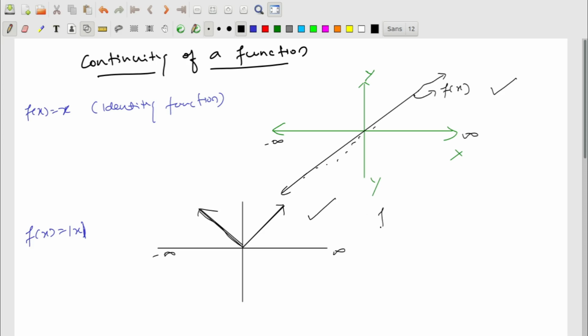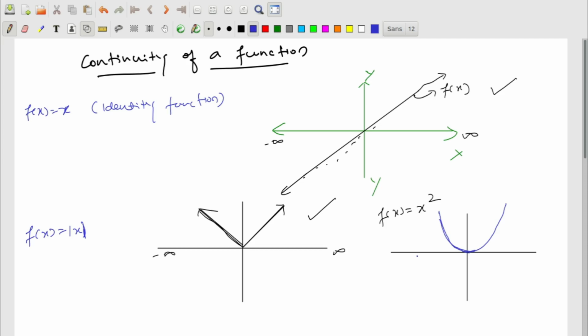Even you can take f of x is equal to x square, right? So it is a quadratic expression. And for a quadratic expression, what we get is a parabola, somewhat similar to this, right?